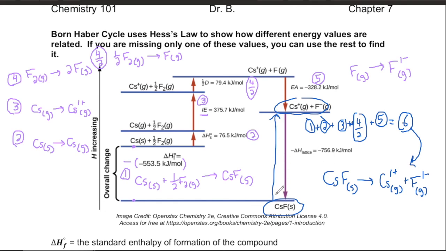That is this blue arrow over here going from this to this. So it's sort of an interesting example of Hess's law, showing how you add up all these other energies that you can look up in tables or that you can sometimes calculate or experimentally determine. And if you add them all up, you can get a quantity that you can't directly determine, but you can reason it out through this alternate pathway.